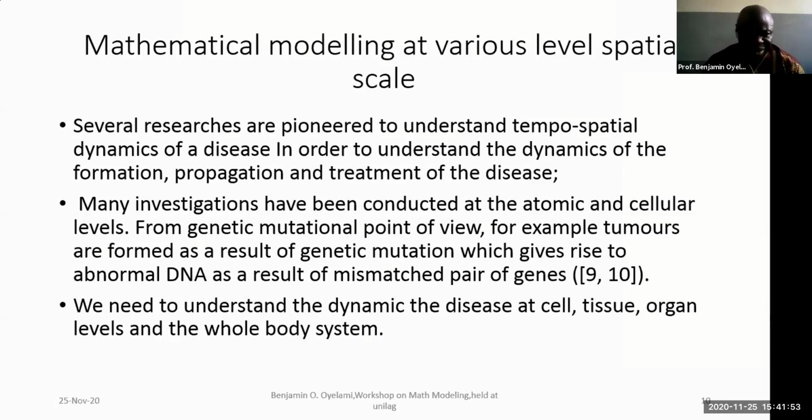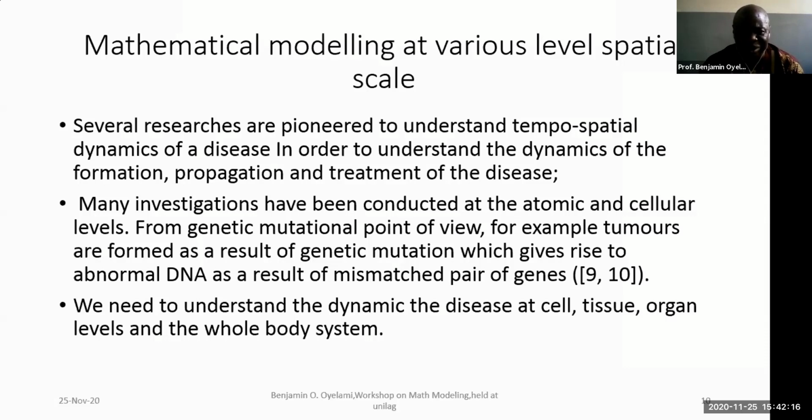Then we also have, for example, from genetic mutation point of view, a tumor. When we talk about tumor, we are talking about when cells grow beyond their normal proportion. So there are many scientific explanations for why tumor happens.